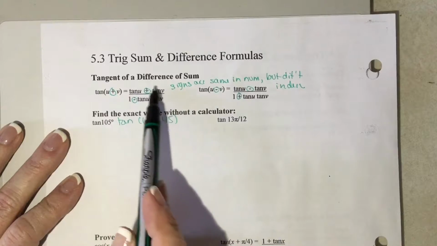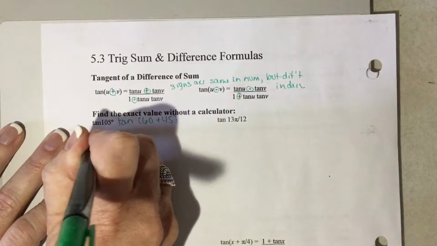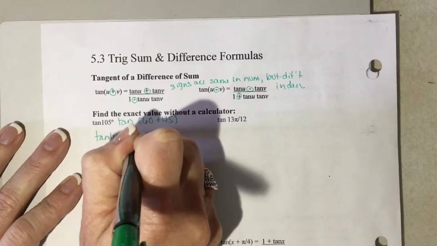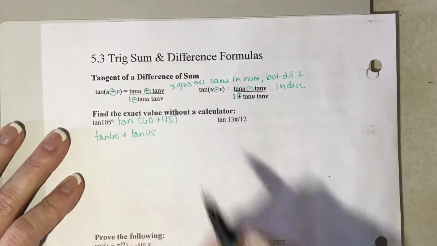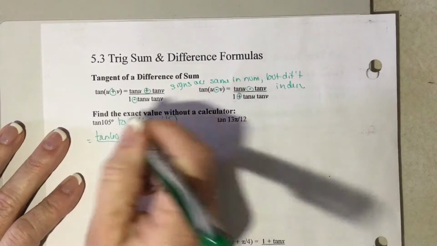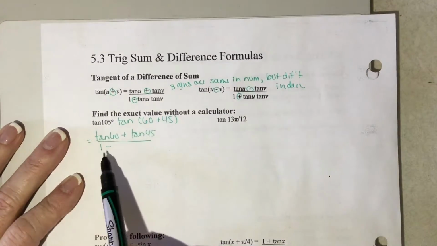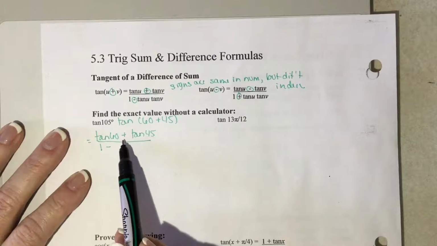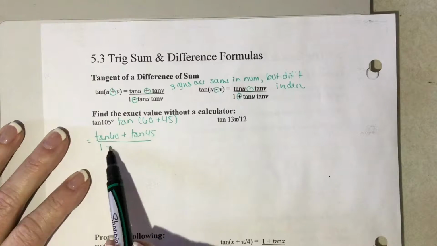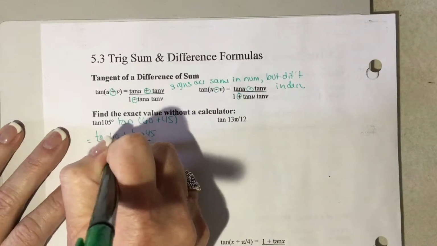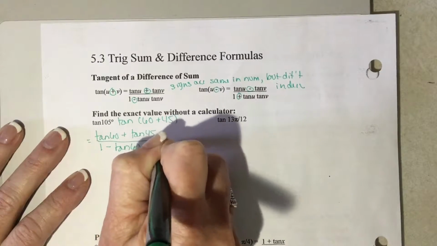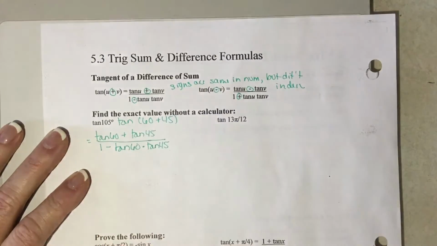So now we're going to plug it into this formula up here. So we have tangent of the first, which is 60, plus tangent of the second, which is 45, all over 1 minus, and it's minus because the numerator is adding, and so we do the opposite on the denominator. And then I'm going to do tangent of the first times tangent of the second angle.